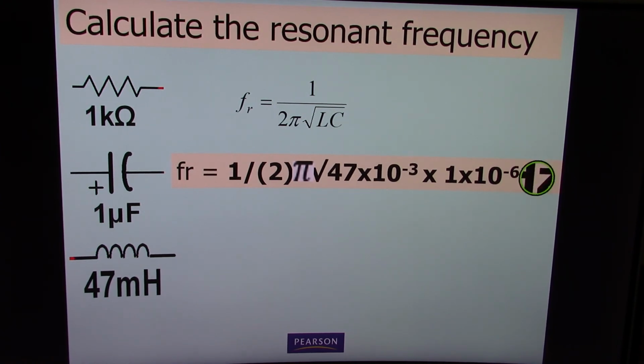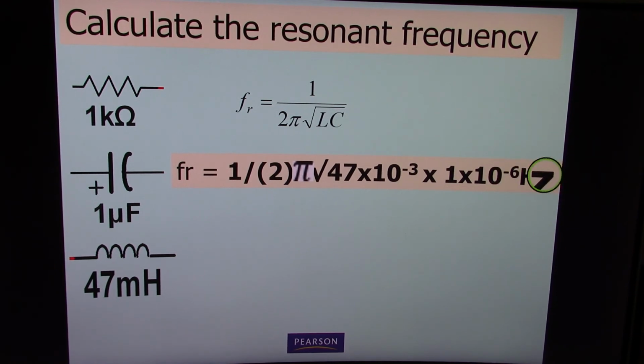Oh, I've said hertz. That's wrong. It shouldn't be hertz. It's got the capacitance value, farads. It should be F here, not hertz. So make sure you make that correction, or understand that this is wrong here.